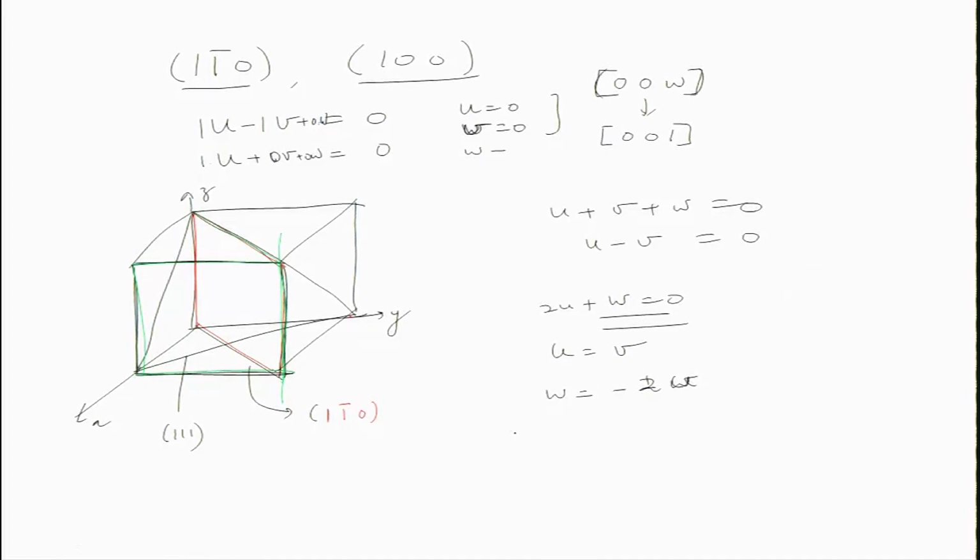So, the direction would be U, U, minus 2U. So, this is the 1 1 bar 2 direction. Okay. So, this is how you can find the common directions.